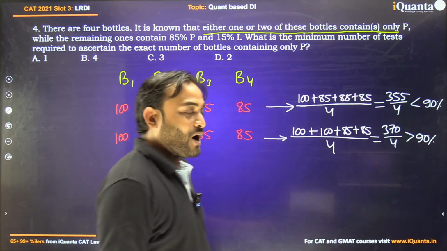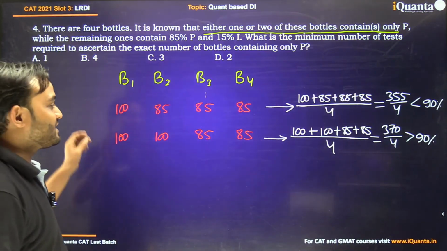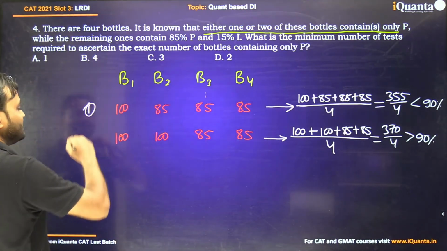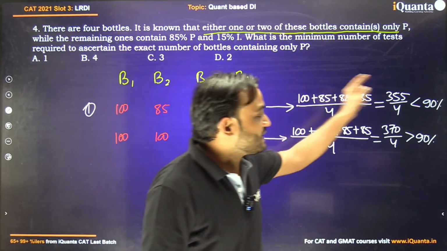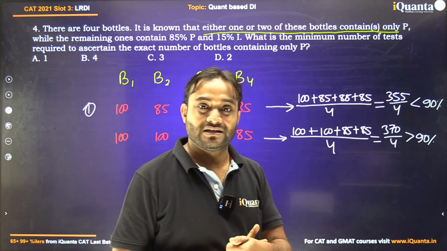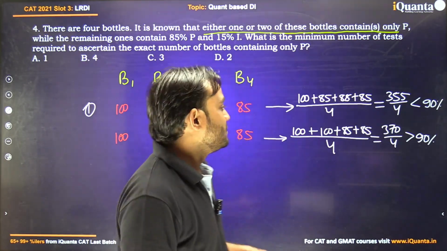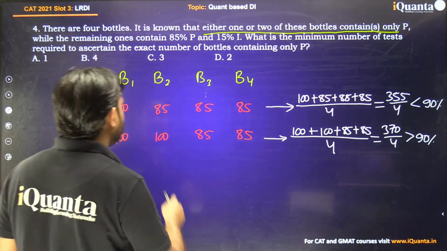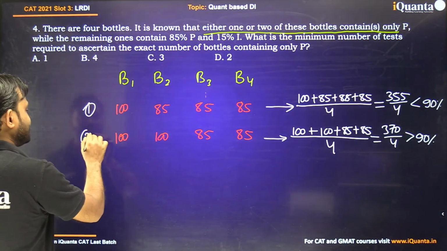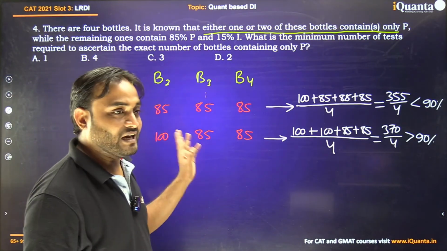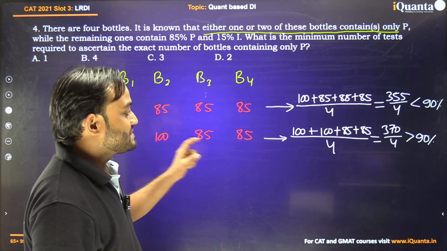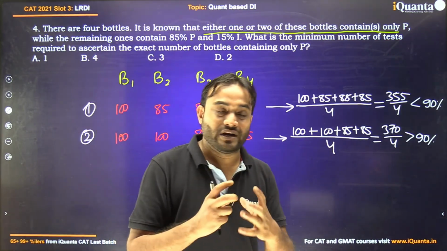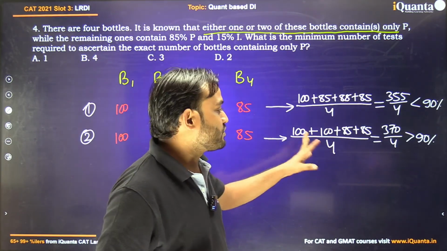So what we know, out of these 4 bottles, if we take equal amounts of liquid and test, in the first case it will tell us that the liquid has some impurity. So we know that there will be 3 bottles which have impurity. But in the second case, if we take equal amounts of liquid and test it, then it will tell us that the given liquid has no impurity, it's pure, right?